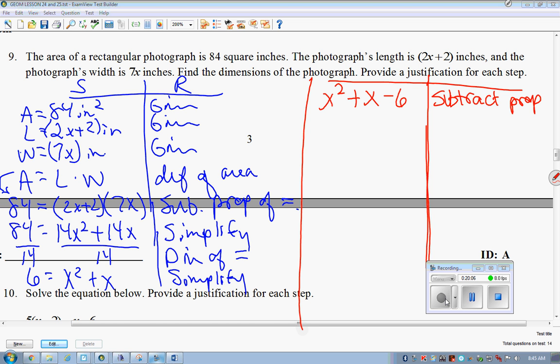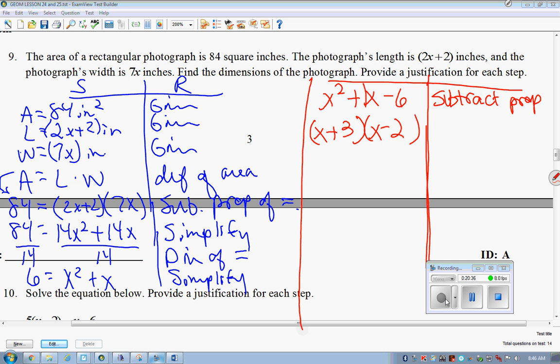Use brackets: x, x. This is a 1, so we're looking at things that multiply to be -6 but add up to 1. So it would be 2 and 3. All right, so +3, -2.